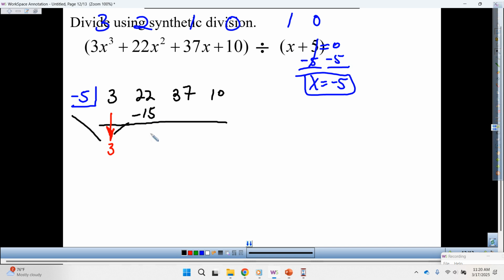Negative 15, and that gives us 7. Negative 5 times 7 is negative 35, and combined that is 2. Negative 5 times 2 is negative 10, and that is a 0. Pass it to someone so they can give me the answer, please.